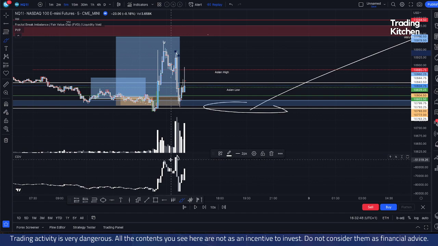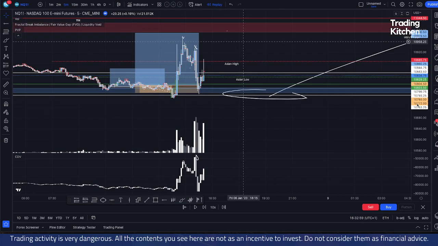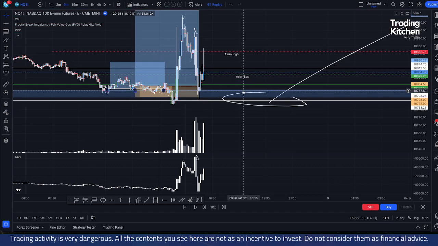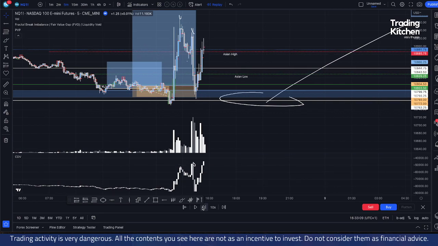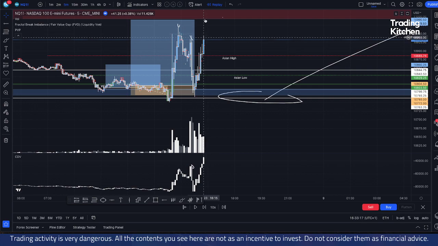What does it mean? It means basically that we get an absorption here. Okay, so there is nothing sure, and we have negative confluences. To be honest, I prefer to stay away from the market here. Now we have a strong rejection, price goes up.